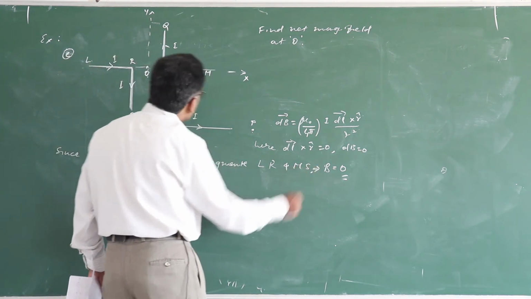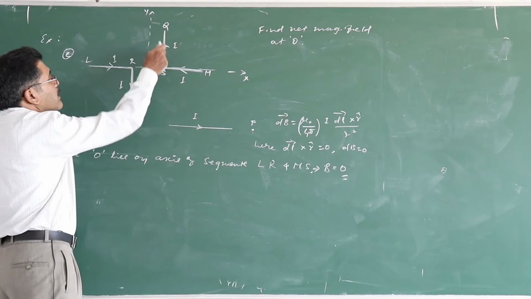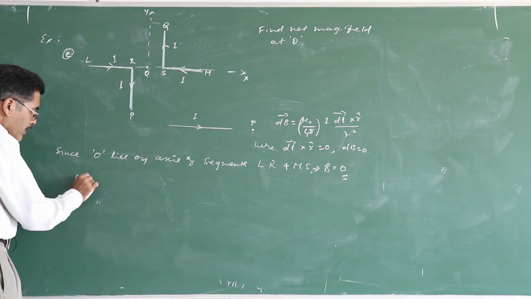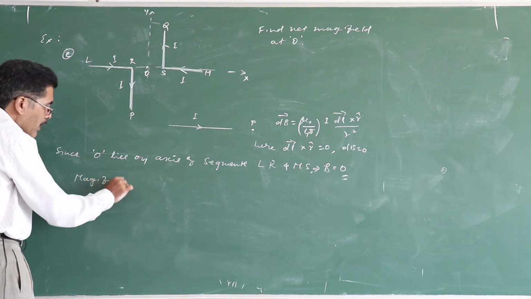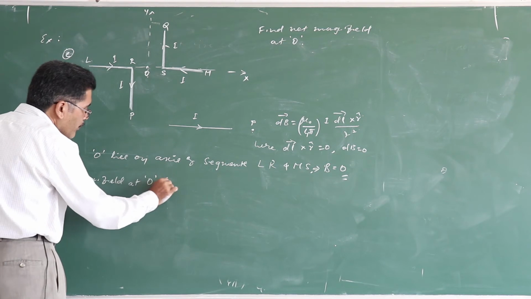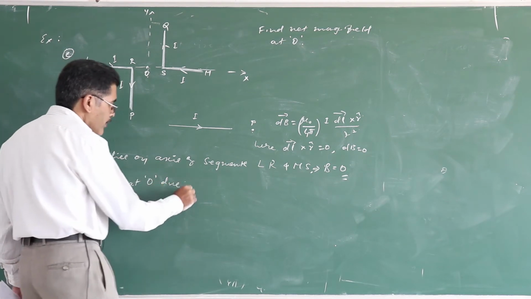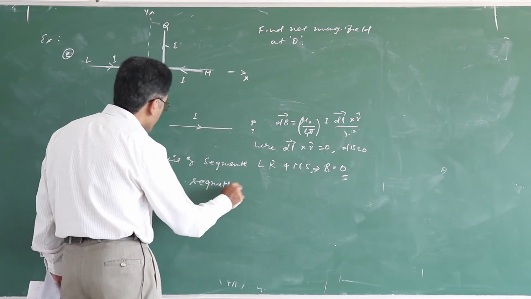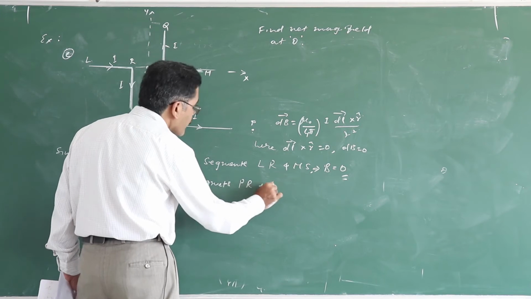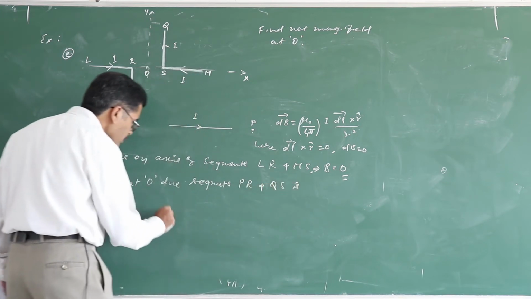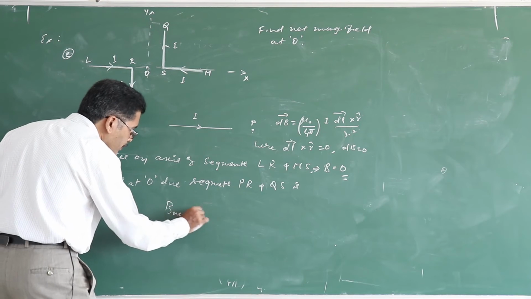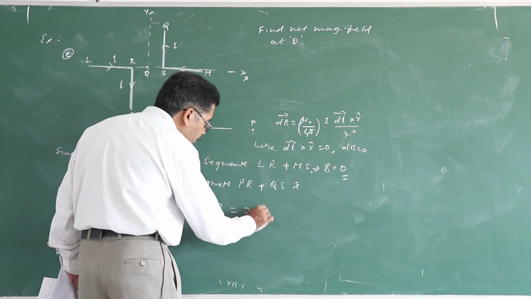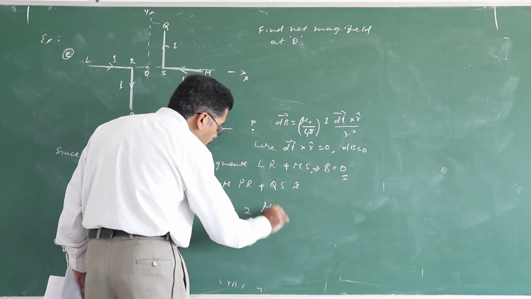So now let us consider the magnetic field only due to the segments PR and QS. The magnetic field at O due to segments PR and QS is B net equal to 2 times B. What is B here? 2 into mu naught by 4 pi.